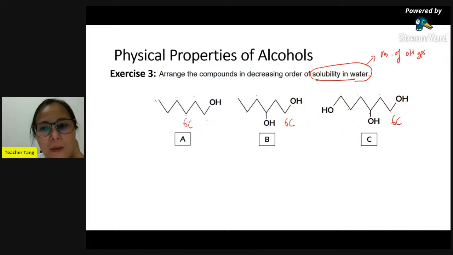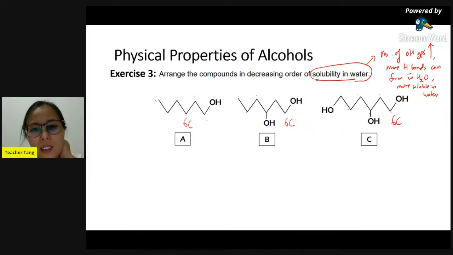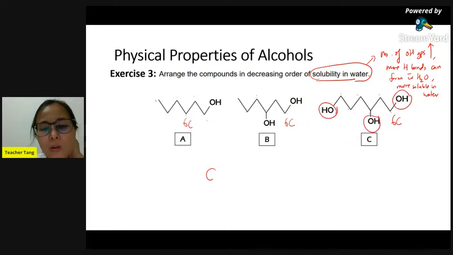So as the number of hydroxyl groups increases, more hydrogen bonds can form with water molecules, so more soluble in water. So which one is the most soluble? It will be C, because having 3 hydroxyl groups, so it can form the most hydrogen bonds with water.